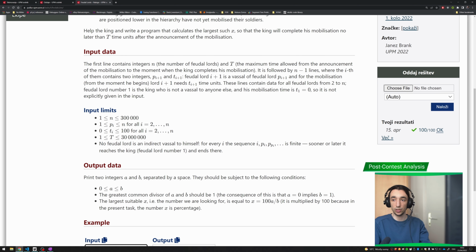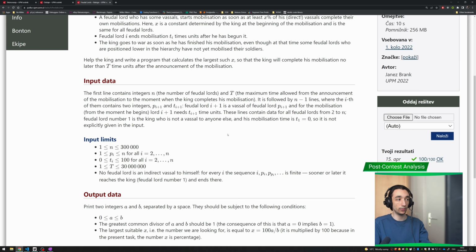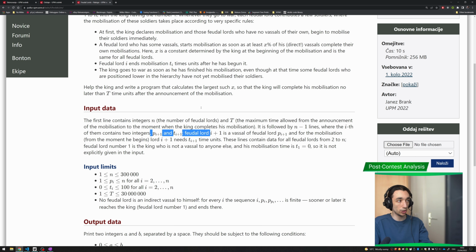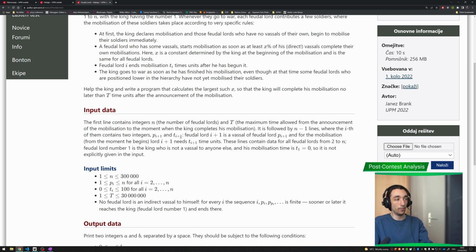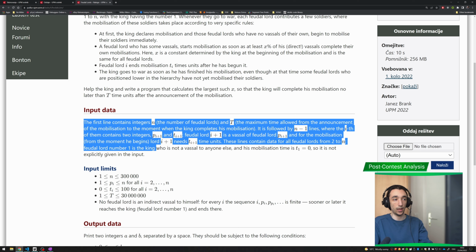So 0, 0, -1, -1, whatever, just not this, because the king who is not subordinate to anyone is a special type, give that in the input. It's much easier to give that in the input, not to deal with questions about this bad input. It's just bad.